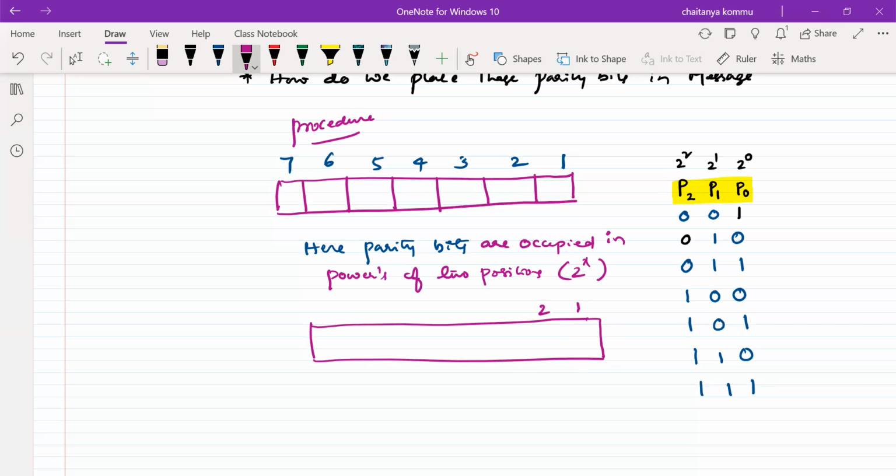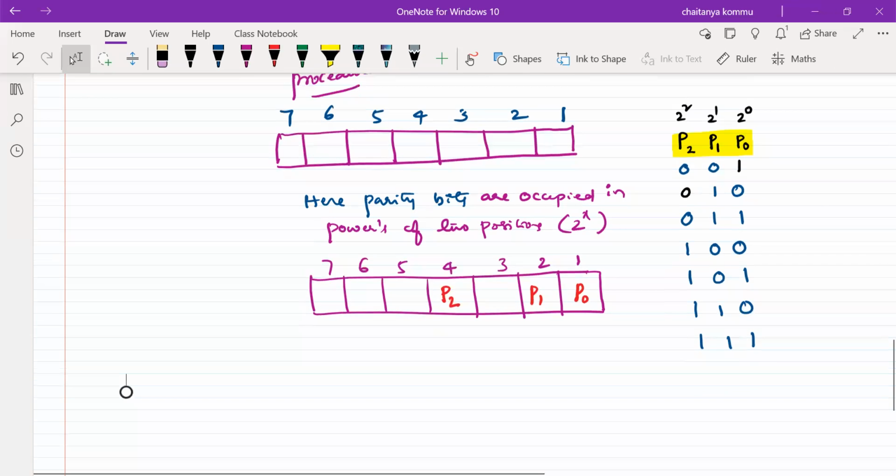So 1, 2, 3, 4, 5, 6, 7, right? 2 power 0 is nothing but 1, that means here P0 is occupied. 2 power 1 means P1 is occupied here. 2 power 2, the 4th position, is occupied here.